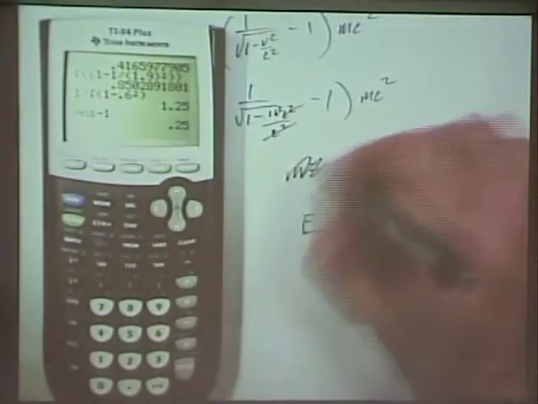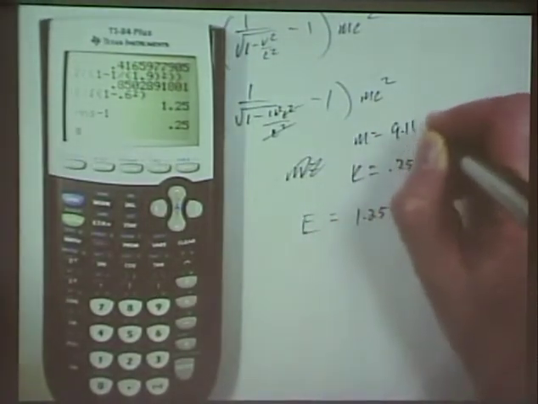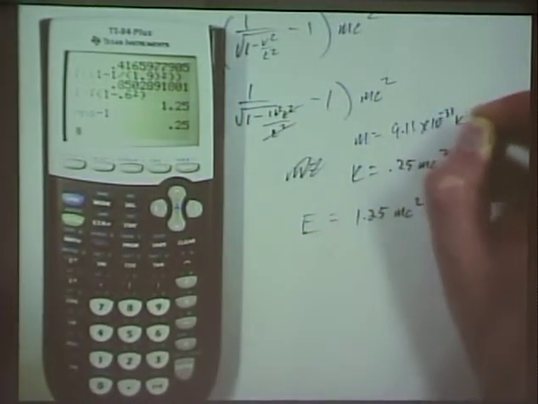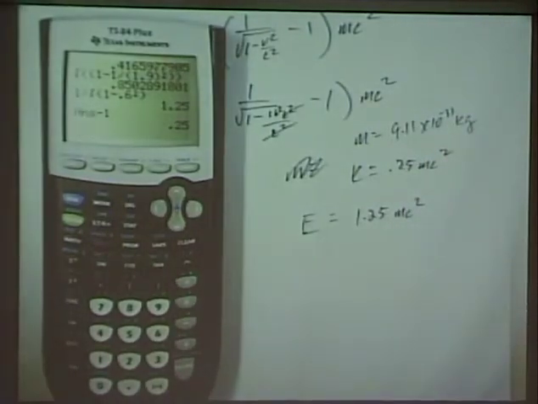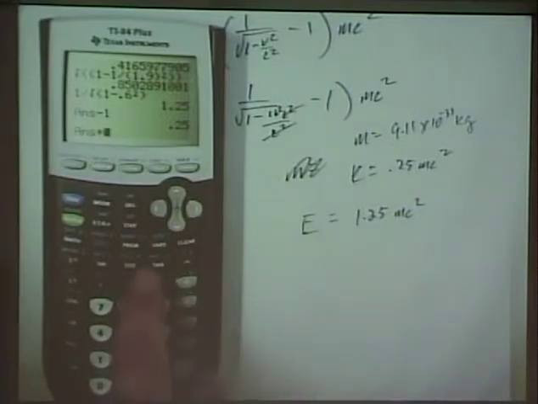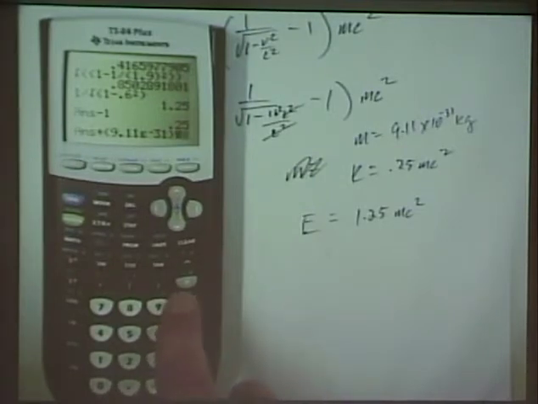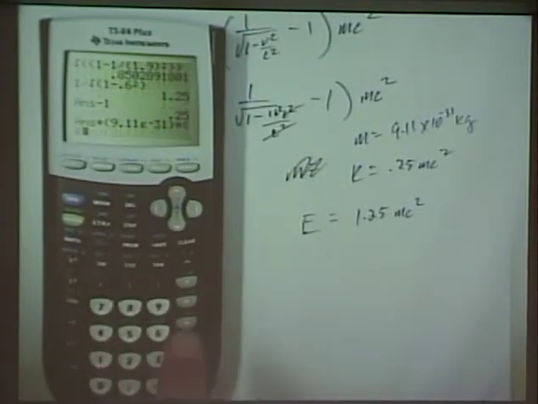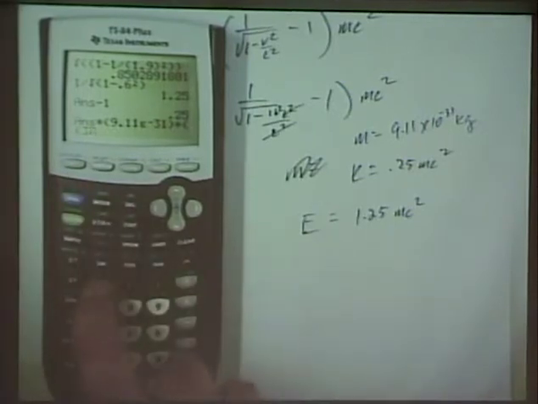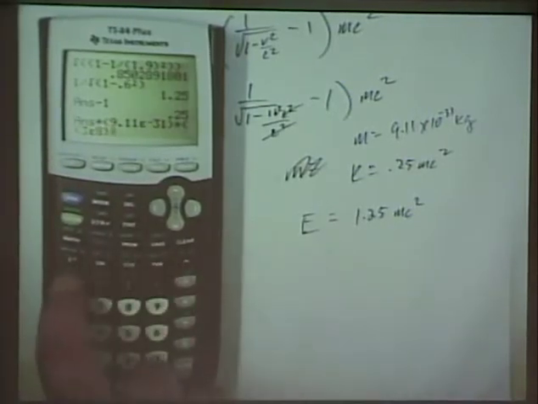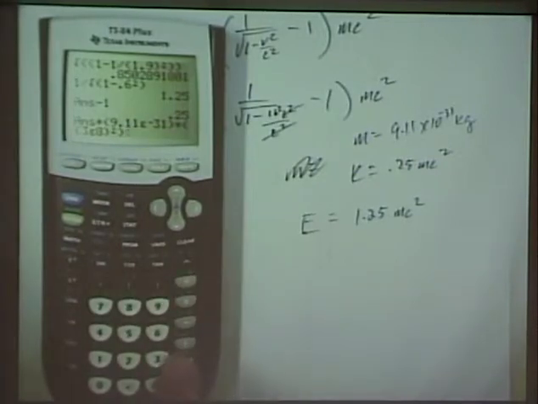All right, so anyway, my quiz question was, it's not a quiz, but 9.11 times 10 to the negative 31 kilograms. Okay, so you take that, you take your answer times, and I always put my scientific notation guys inside parentheses just to avoid any kind of error, and then times 3 times 10 to the 8th, close, squared, close, boom.